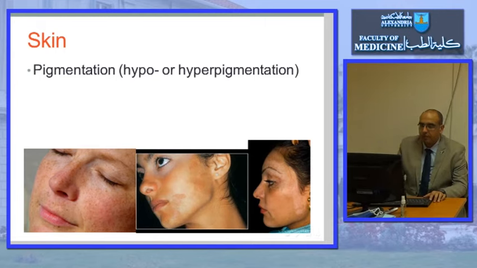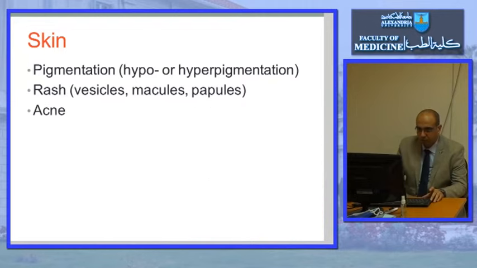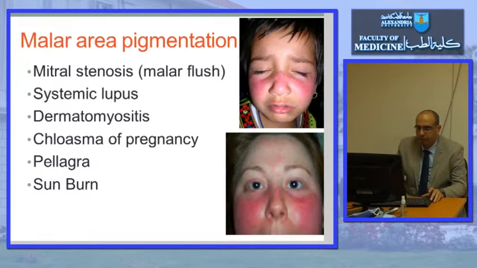Skin of the face, we should look for pigmentations, either hypopigmentation or hyperpigmentation. Rash, including vesicles, macules, and papules. Acne. Also, we should look for petechiae, purpura, and ecchymosis. Malar area is the area of the cheek over the maxilla.